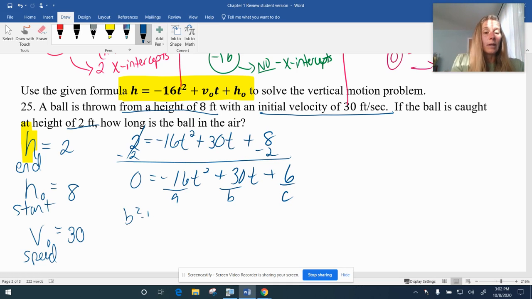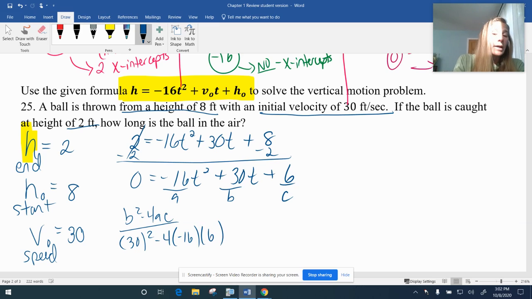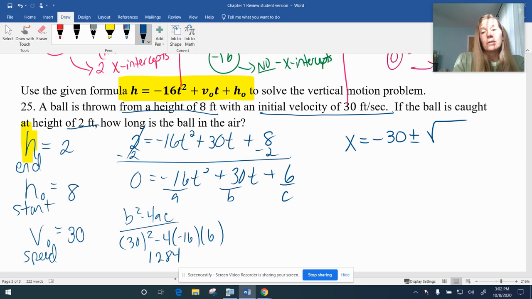So if I go to find that discriminant, I have 30 squared minus 4 times negative 16 times 6. And I would just go ahead and do that on a calculator. And if you do that on a calculator, I believe you get 1284. So now when you plug in your quadratic formula, you'll have negative 30 plus or minus the square root of 1284 over 2 times a, which will be negative 32.